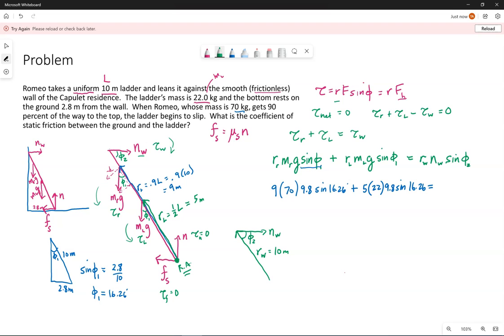In our equation, RF sine phi, phi is always the angle between the lever arm vector, the one that points from the rotation axis to the force, and then the force. Okay, well, phi 2 is going to be 90 minus the 16.26, because it's the angle down here with the ground.